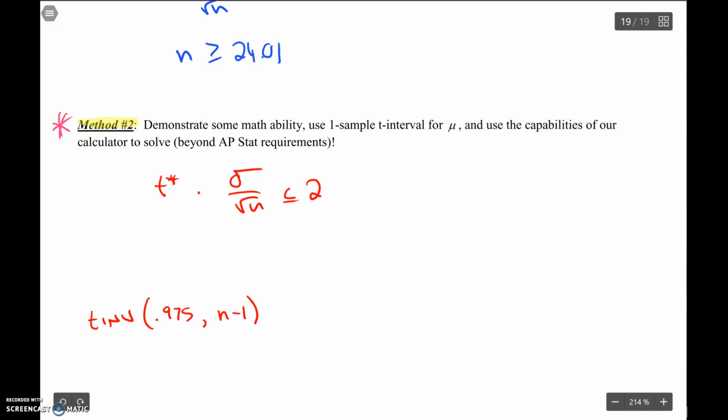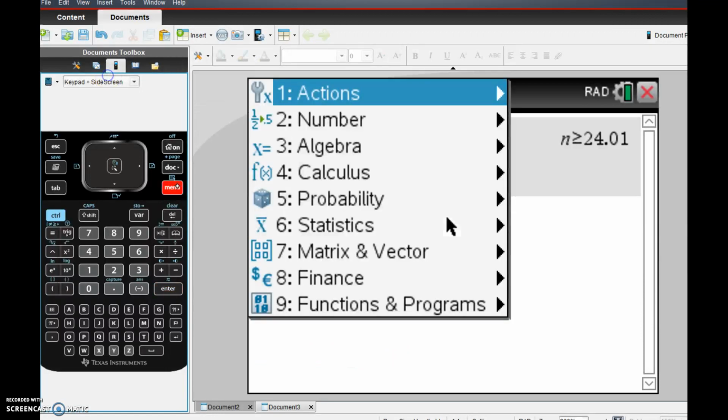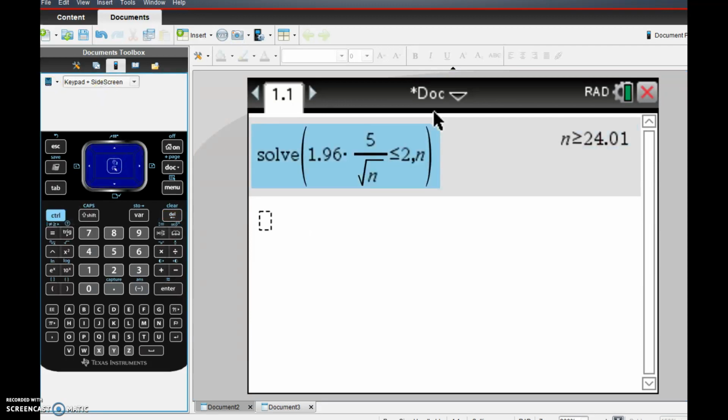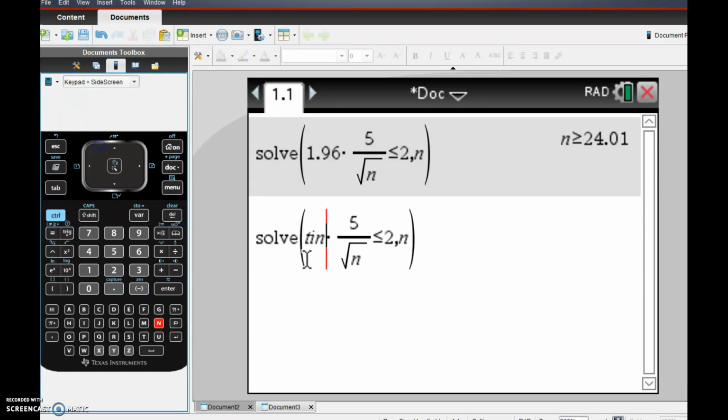So we could actually put this function into the calculator, and then put in our margin of error, standard deviation, square root of n, and see if the calculator has the ability to solve this for n. You're going to see that it doesn't quite, but kind of does. Instead of putting in the 1.96, you can put in t inverse.